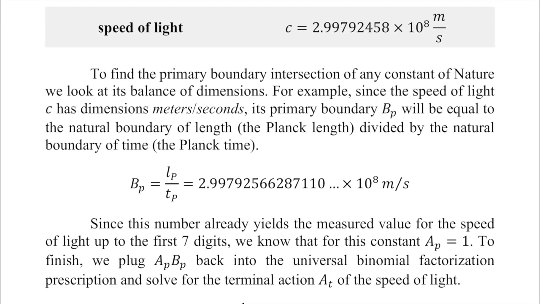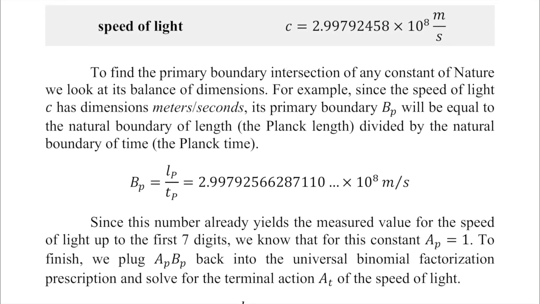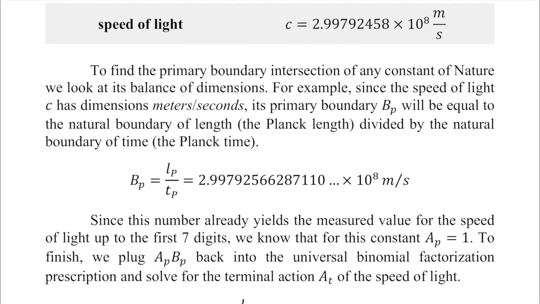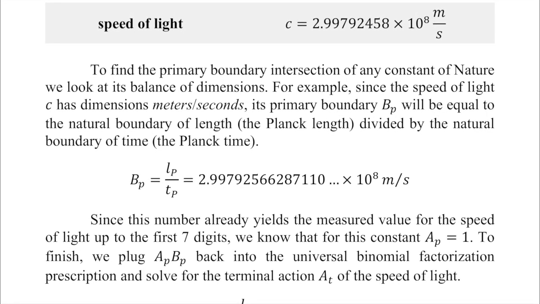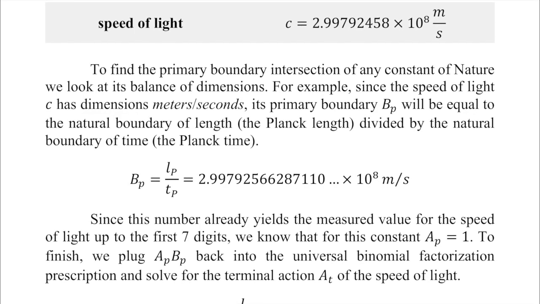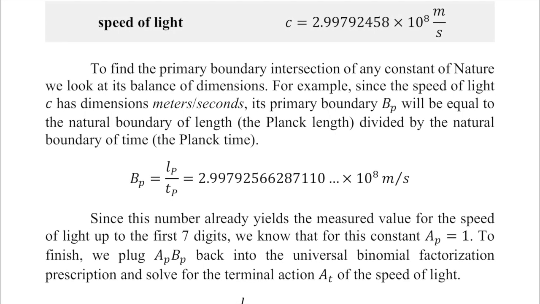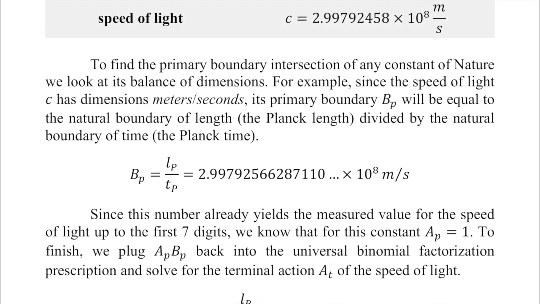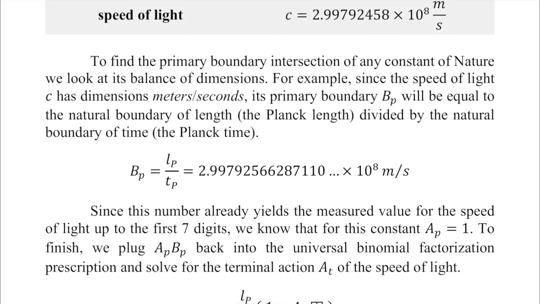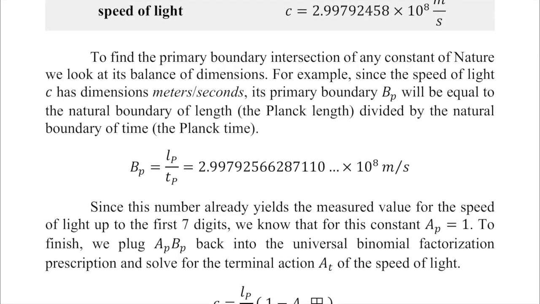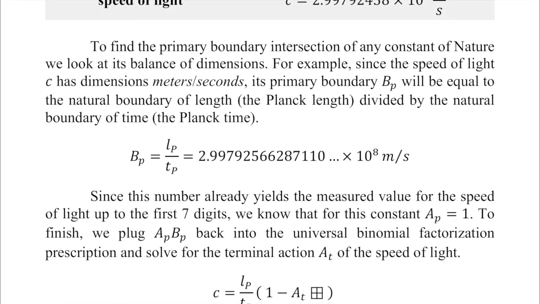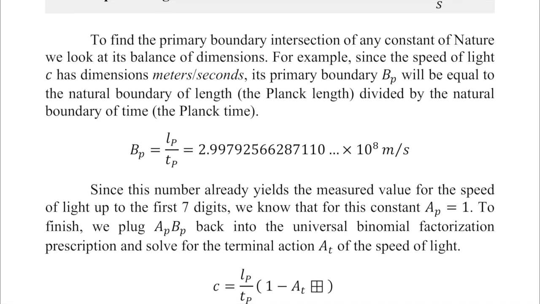And this gives us a value of 2.9979256287110 times 10 to the 8 meters per second. Extremely close to the value we need, at least for the first 7-ish significant digits, right? Since this number already yields the measured value of the speed of light, up to the first 7 significant digits, we know that for this constant, the primary action has a value of 1.